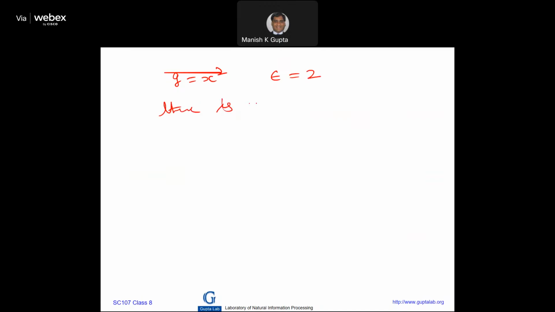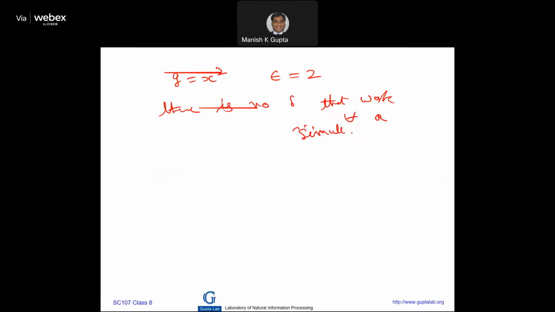There is no delta that works for every A simultaneously, right? Even though g is continuous at each A on the real line. Okay, function g is continuous at each point on the real line. That is a separate thing, but it is not uniformly continuous. So there is a difference.